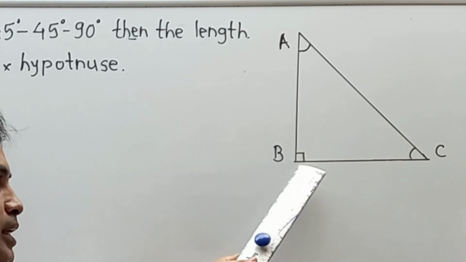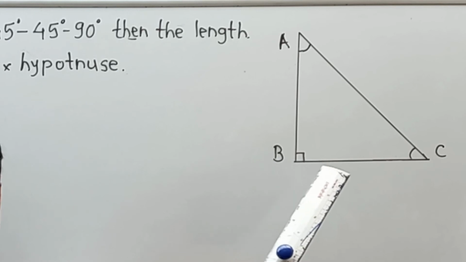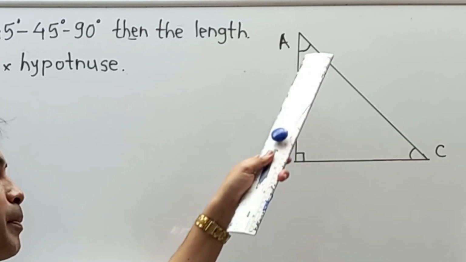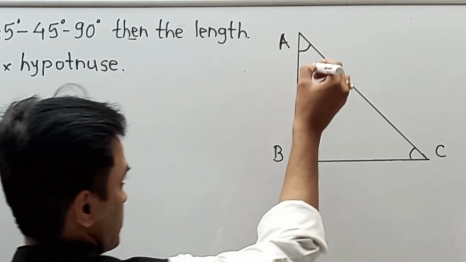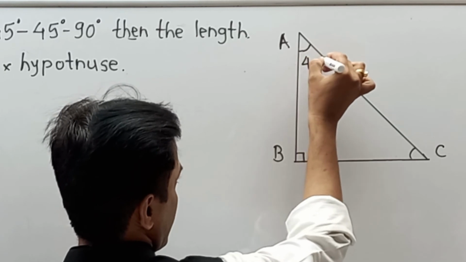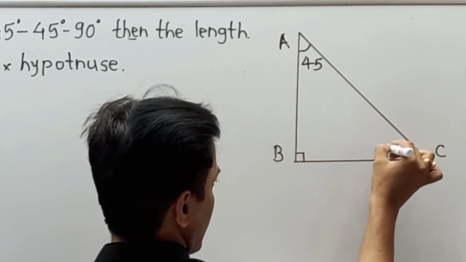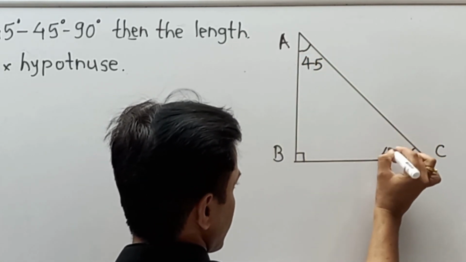Here angle B is already 90 degree. About angles A and C, one angle is 90 degree and the remaining two are 45 degree and 45 degree. Means angle A is also 45 degree and angle C is also 45 degree.